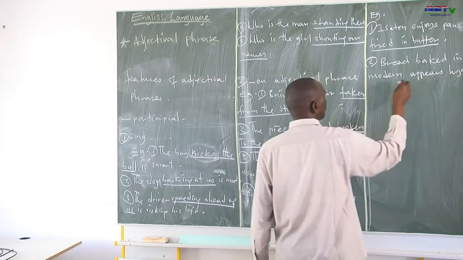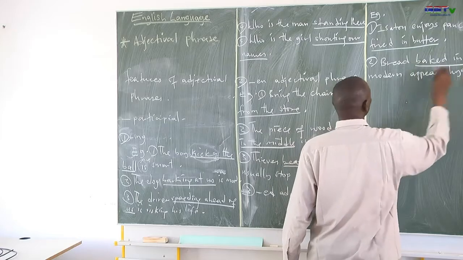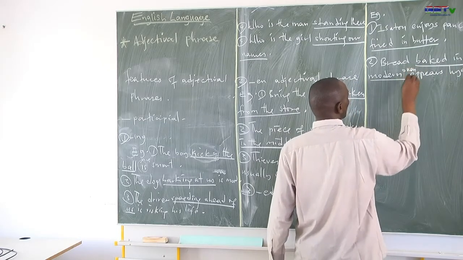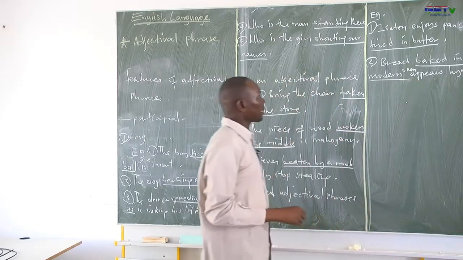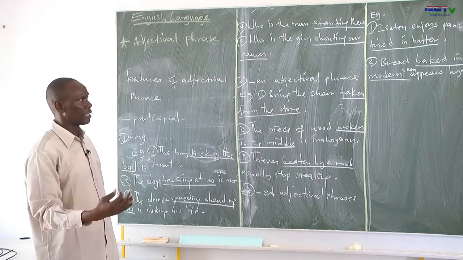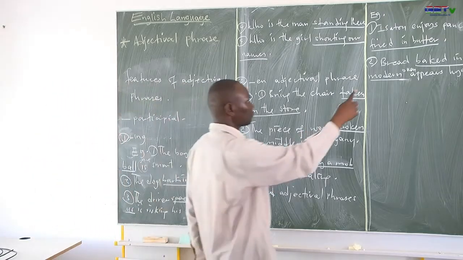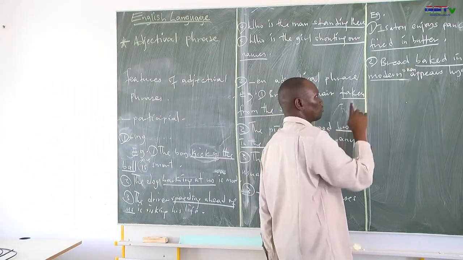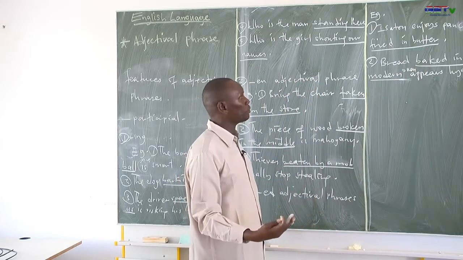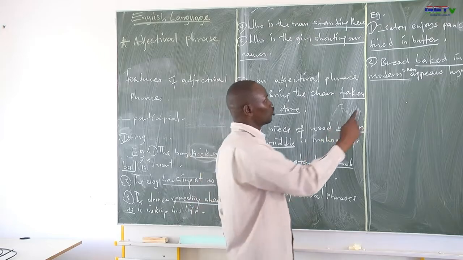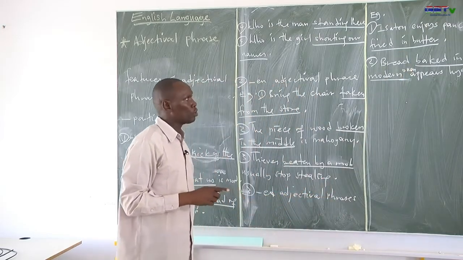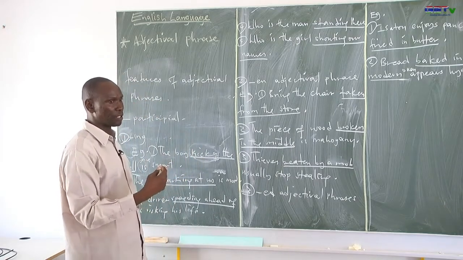Good. Now, bread baked in a modern oven appears hygienic. When you look at this, baked in a modern oven, this baked here ends with ed, so it plays the role of an adjective. All that it does is to qualify the noun bread. You get the point? So these are some few examples that we have.